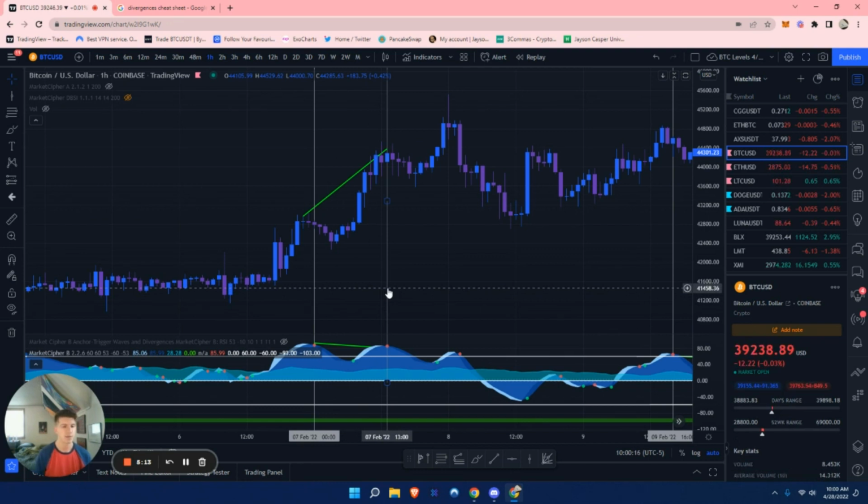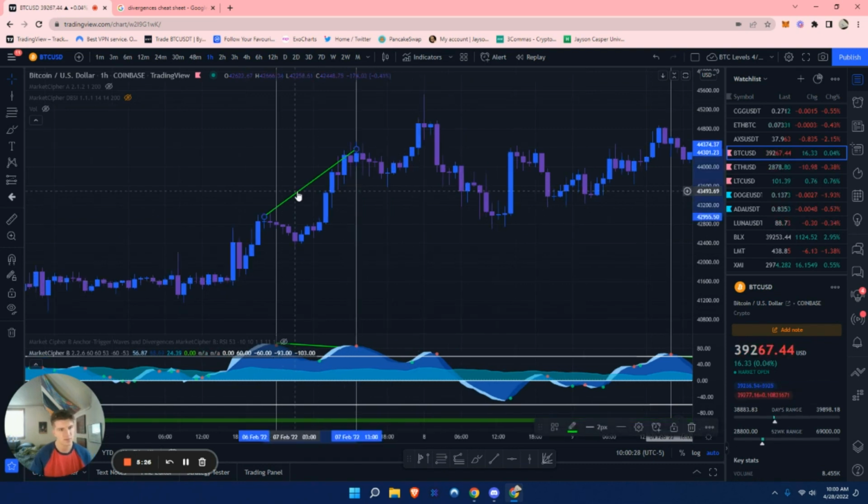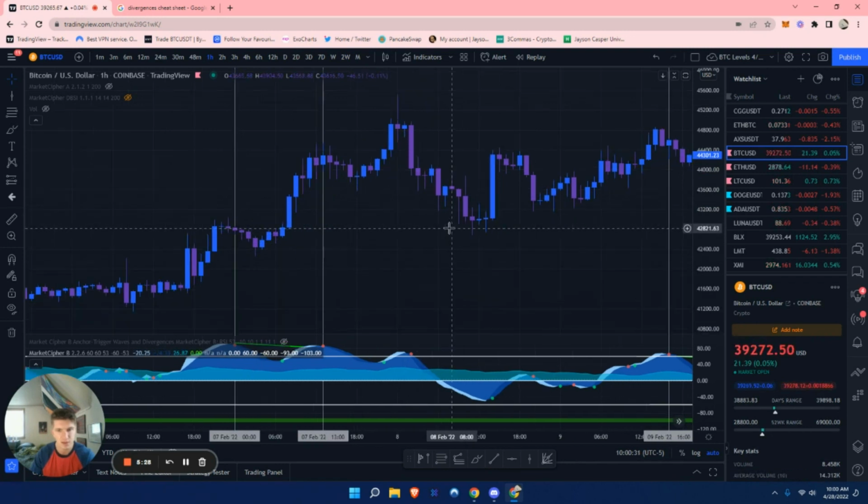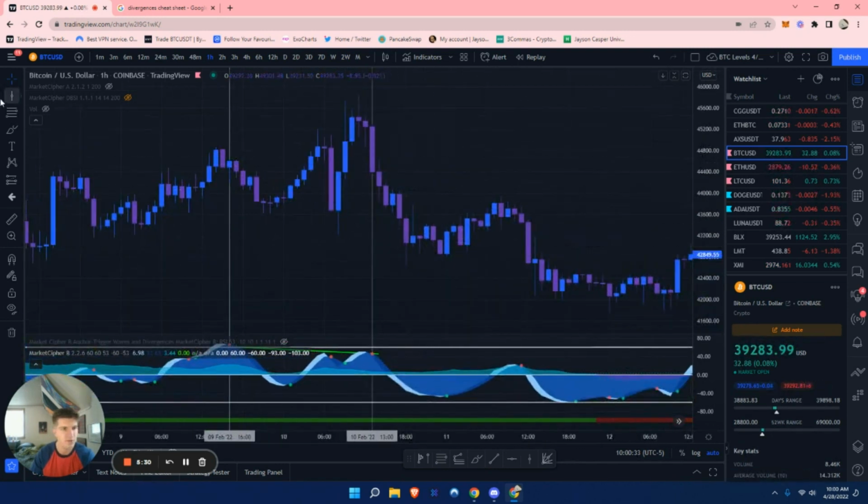And then at the end of the divergence, this wasn't really a good example, but the money flow was kind of going down, 28.28. That's not really a good example, so never mind that. I'll just look at this one.